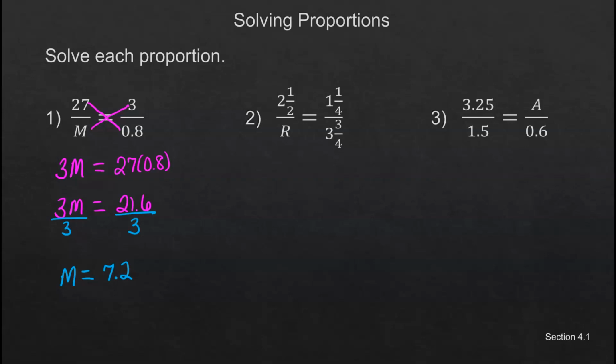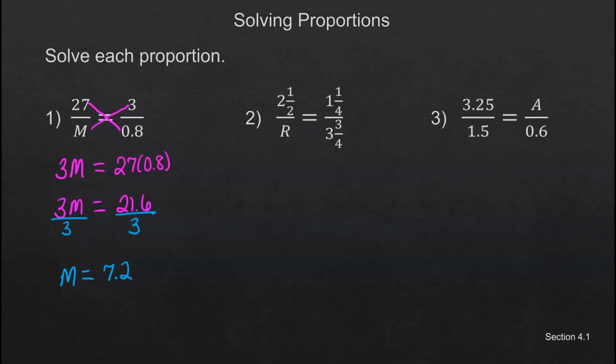Now on this next one, we can write these as decimal numbers. We don't have to leave them as mixed numbers. Mixed numbers are kind of clunky, especially if you're trying to enter those on your calculator. And all of these are nice numbers like 2 1/2, 1 1/4, 3 3/4.